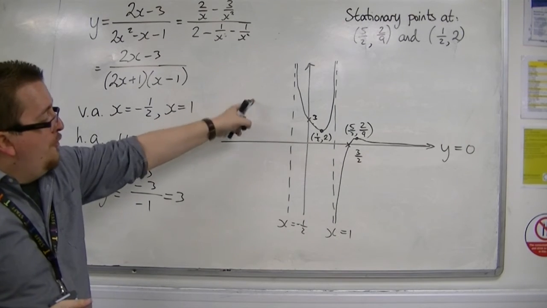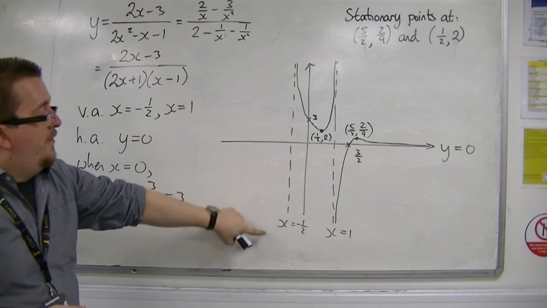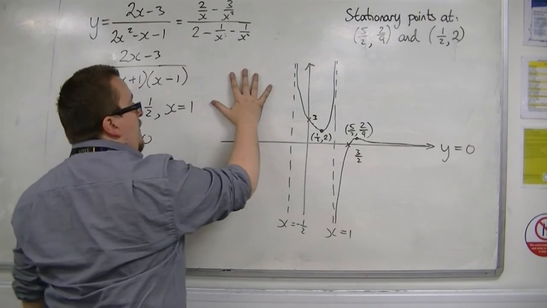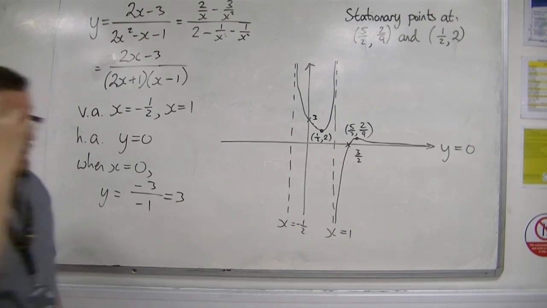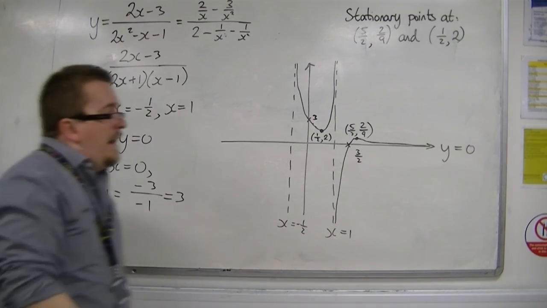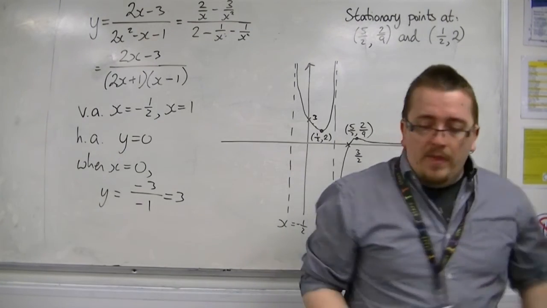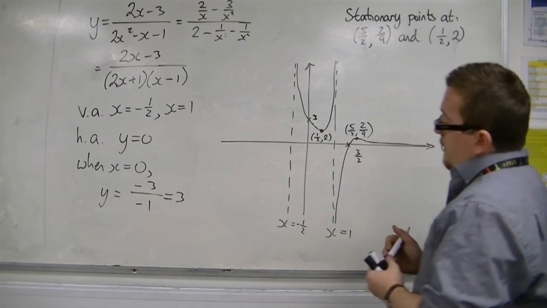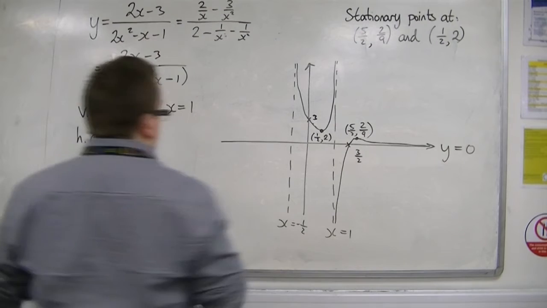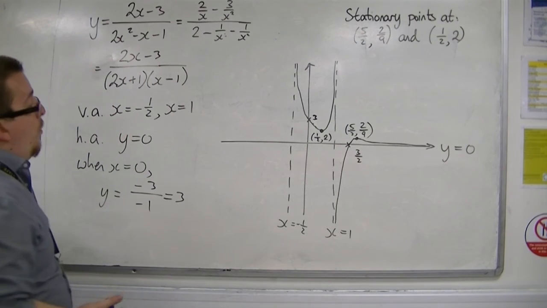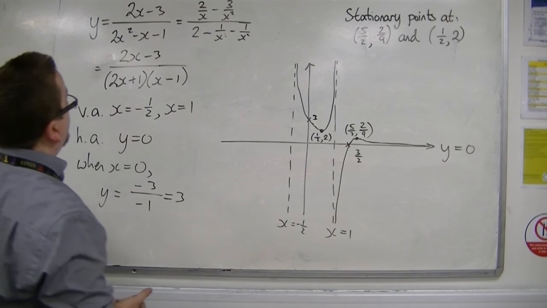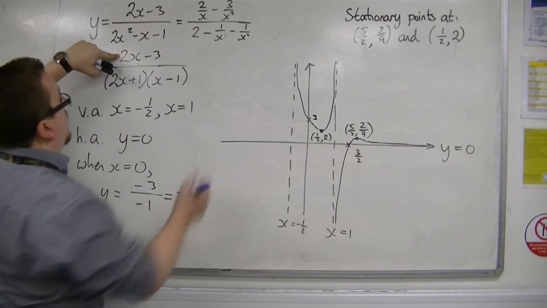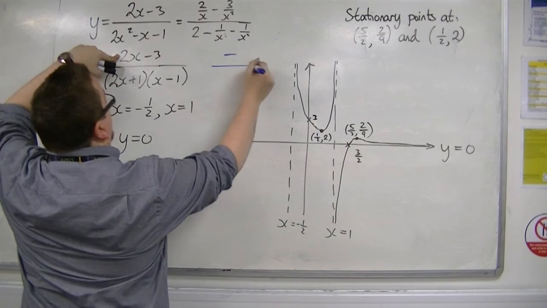Now, over on the left-hand side, to the left of minus a half, we don't know whether it is in this section or this section, top half or bottom half. Now, in order to determine that, we could just choose a negative number. So if we chose minus 1, for example, then we're going to have minus 2 take away 3, so we'd have something negative on the top.